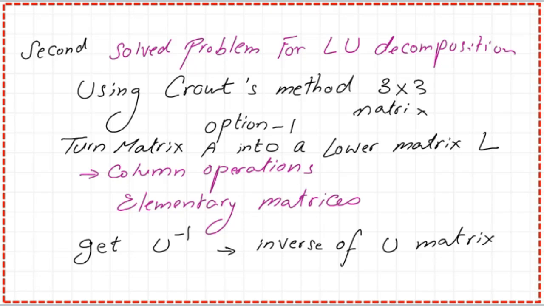In this video, we are going to include a second solved problem for LU decomposition using Crout's method for the 3x3 matrix by using option 1 that turns the matrix A into a lower matrix. We are going to perform column operations, and as an option we will use elementary matrices to perform the same column operations.